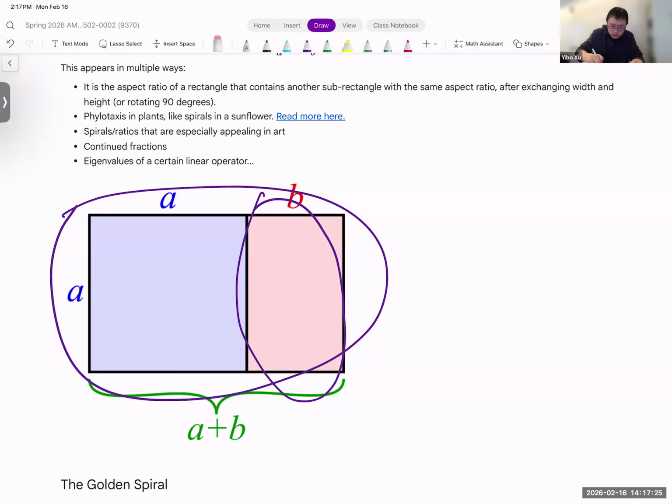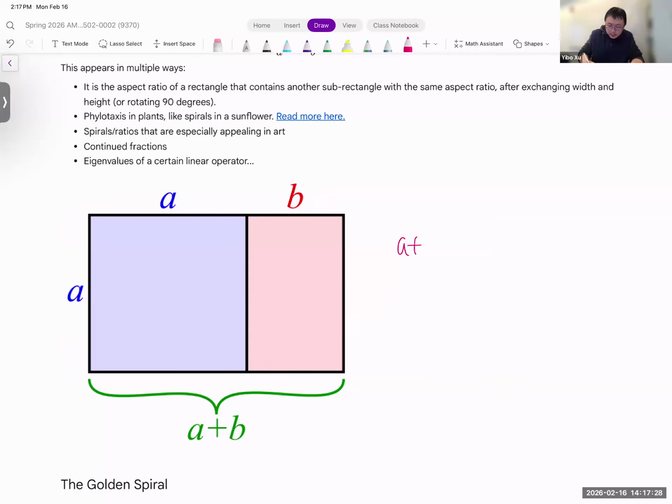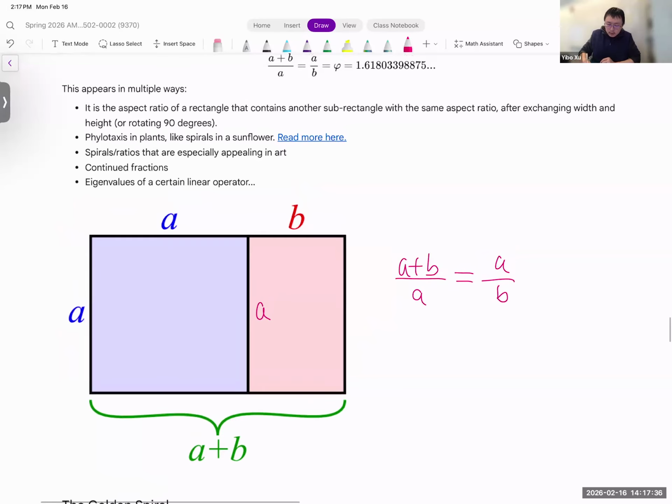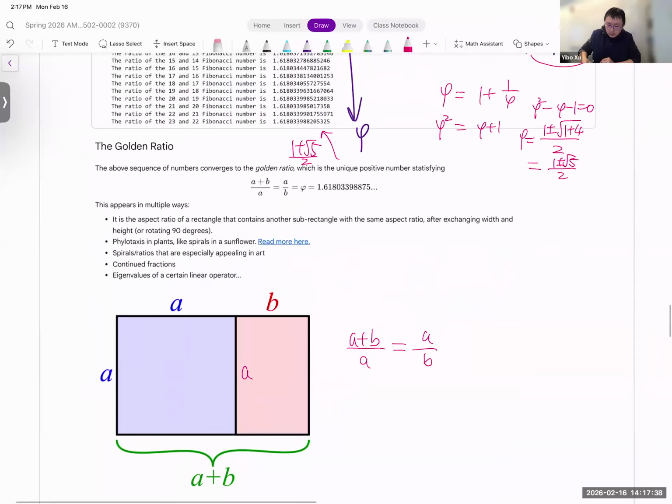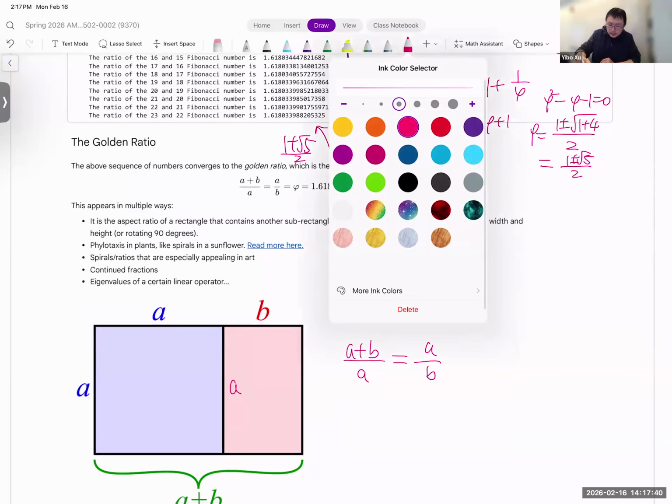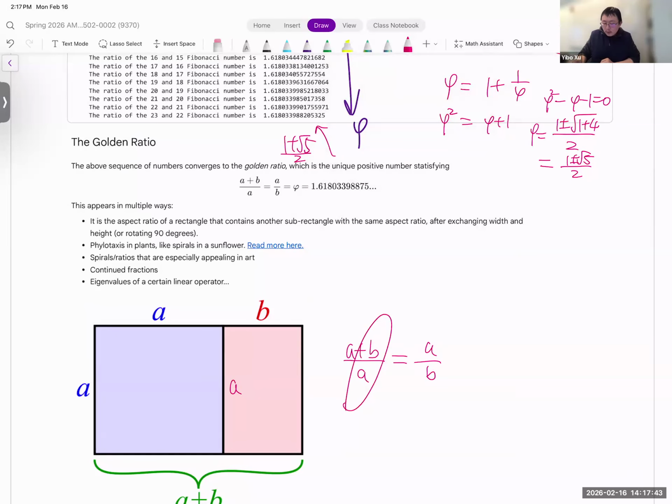So you're just saying that a plus b, the longer edge over the shorter, equals a over b. So it's essentially the same thing. Look at the relation: this is 1 plus b over a, that's my phi here. This is a over b, which is 1 over phi. So you can see this is the same thing.